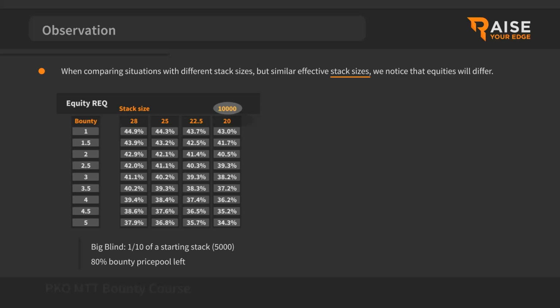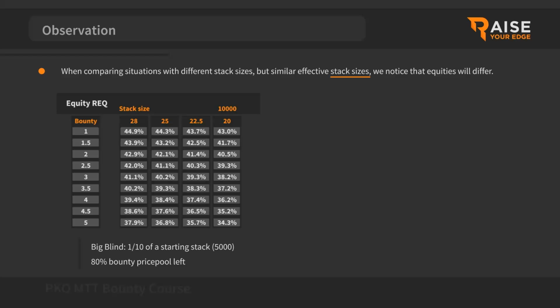Now you can calculate all the equities for the case that you want to call off an all-in in the big blind. So 28 big blind stack jams, he has 3 starting bounties, then you need 41.1% in the big blind to call off the all-in versus the opponent's open jamming range.